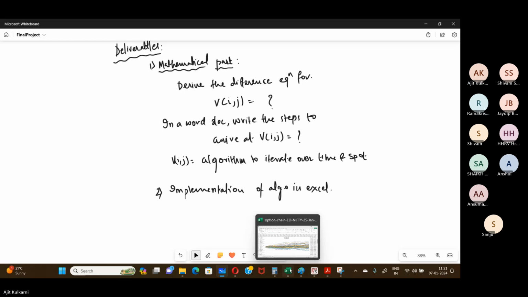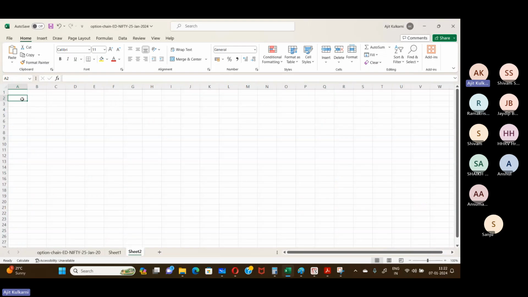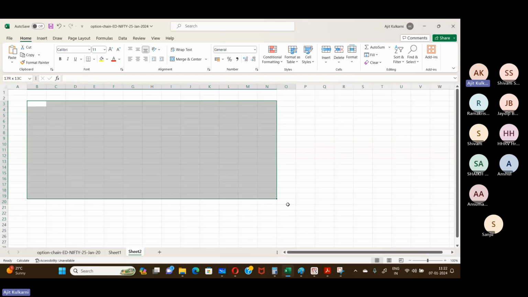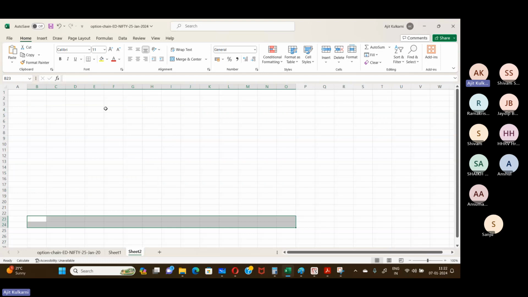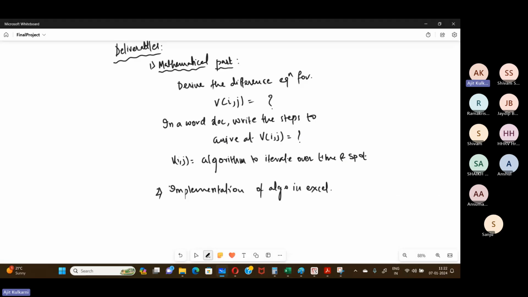That you have T, delta T and all of that going up to expiry here. And one of the axis will be for space or spot. Okay. And then you go to boundaries, highlight the boundary. This is a boundary. This is a boundary. Okay. And then start recursively going back using the algorithm.